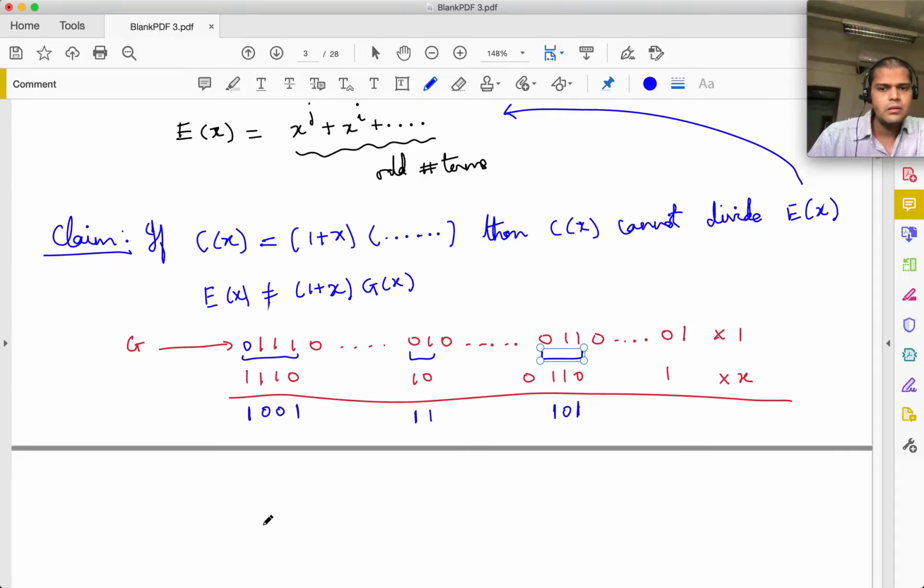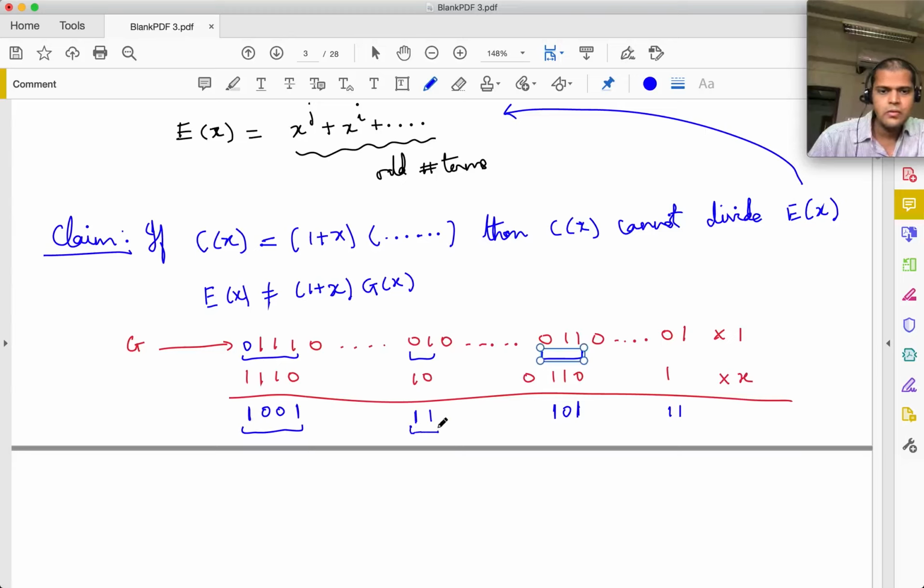Here too I'm going to have 1, 1. It always has this particular form. If I have a burst of ones, I'm going to end up with zeros in between, and it's going to be surrounded by ones on both sides.